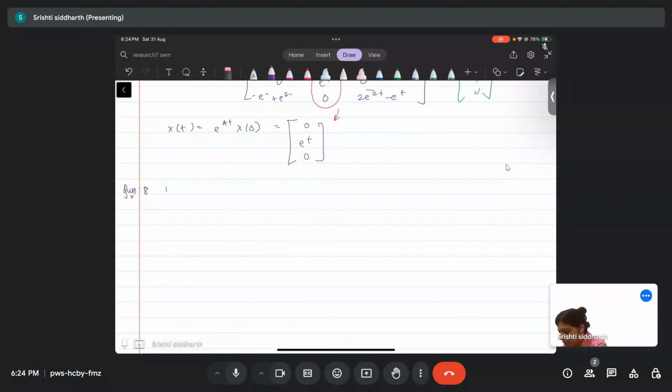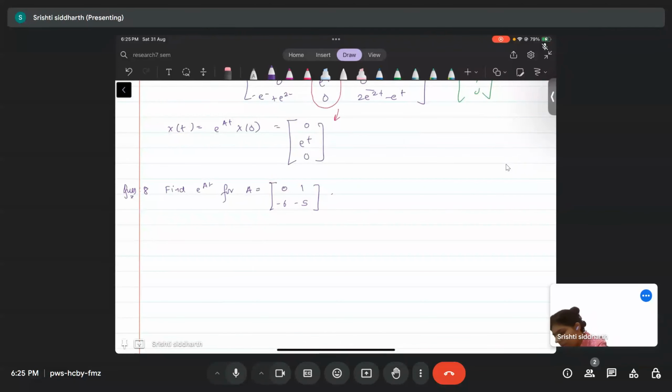So we have to find e to the power At. Just a second. For a simple system, so for A equals 0, 1, minus 6 and minus 5. There are various ways you can do this. You can use the Cayley-Hamilton theorem.